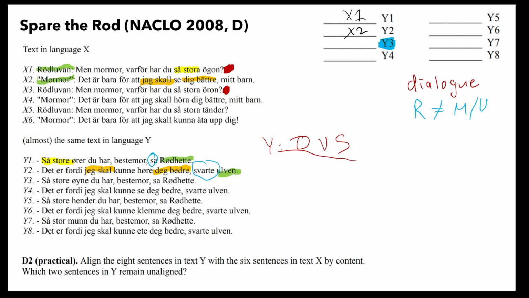It says oron, ogon, right? Sastor oine, duhar bestimor, right? Bestimor is repeated, sastor is repeated, oine and orer is different.